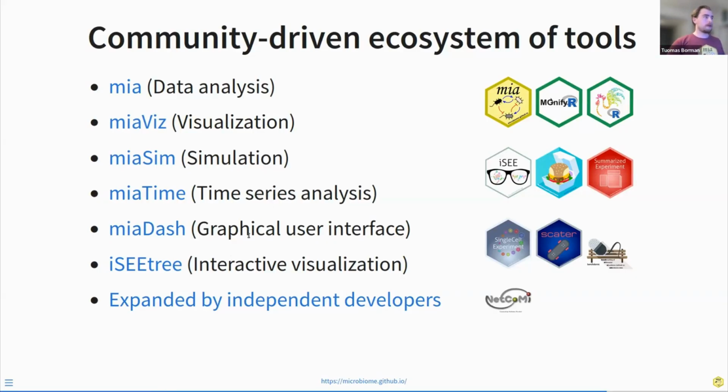But if you're a beginner, you might want to check miaDash and iSEE, which provide a graphical user interface. So you don't have to be able to code. You can just use those quite easily. And as I said, these are different tools available, and it is expanded further by independent developers. For instance, NetCoMi for network analysis and Benchdamic for differential abundance analysis.